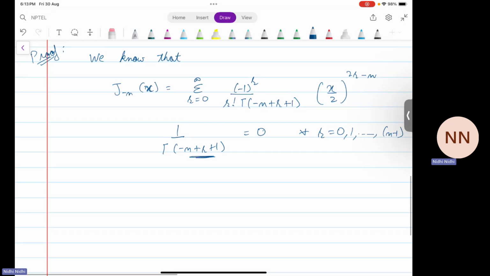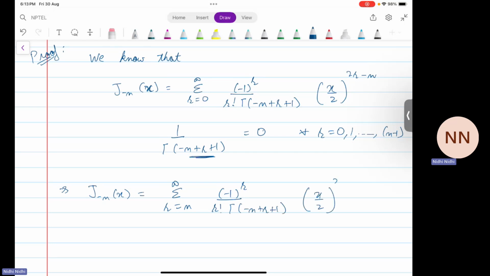So that means we can remove the first n terms in the summation. So this gives us J minus n x is basically summation r from n to infinity, (minus 1) to the power r, over r factorial gamma of minus n plus r plus 1, times (x by 2) to the power 2r minus n.